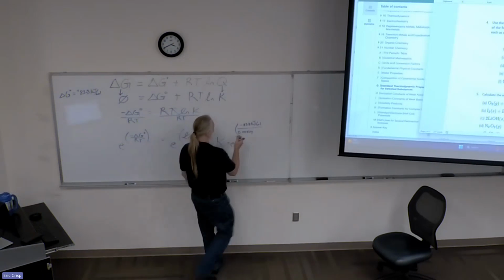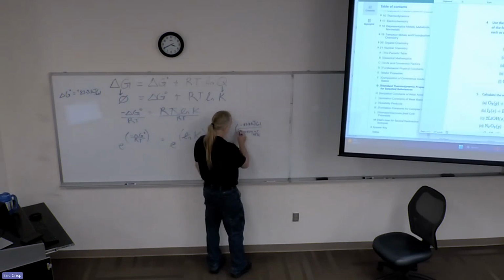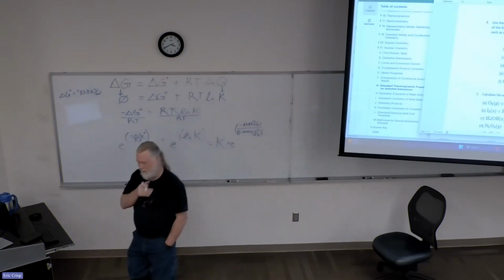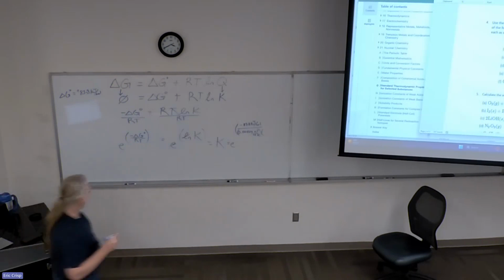So kilojoules per mole. And then we need to multiply by, well, units here says I need to multiply by what? Kelvin. Good. What do I have? Celsius. So really don't get tripped up by that. So 373.15 K.